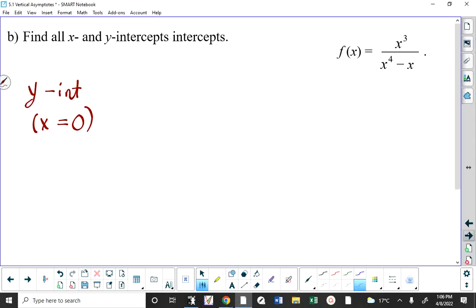If you're asked to find the y-intercept, this is where x equals 0, but x can't equal 0. It's a non-permissible value. So think about what that says. If x is never equal to 0, and x equals 0 is on the y-axis, that means there will never be a y-intercept. This graph has no y-intercepts. So this is not permissible.